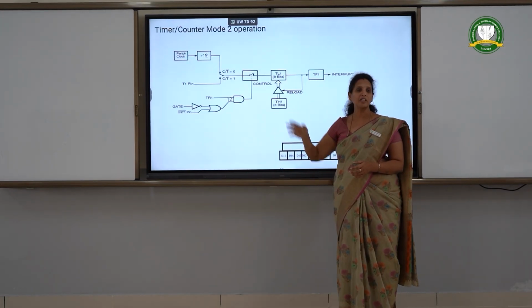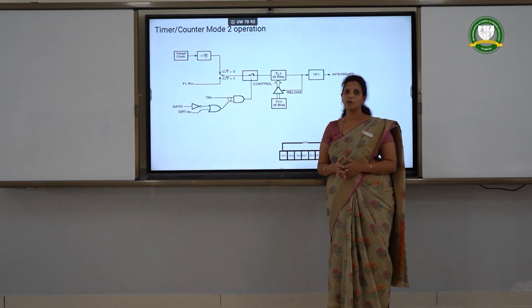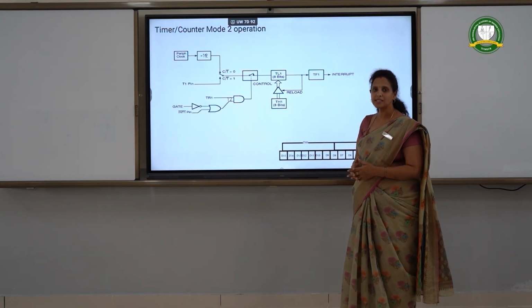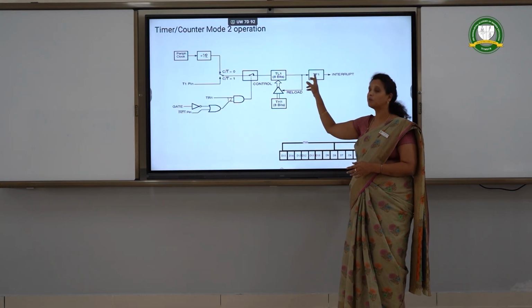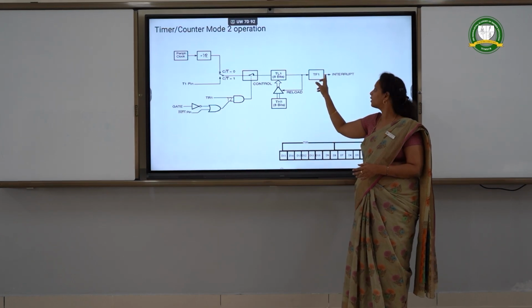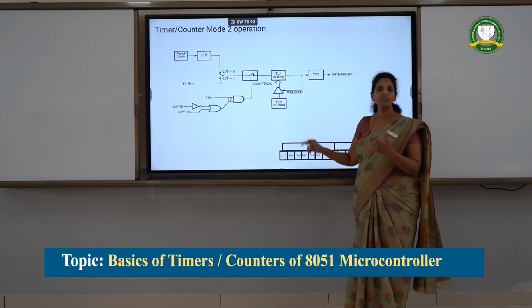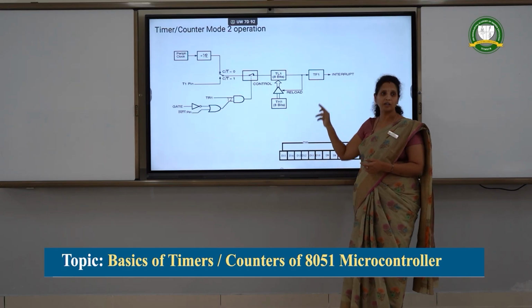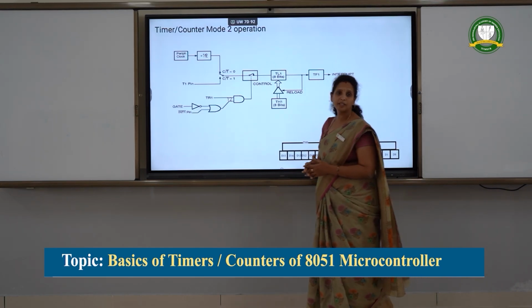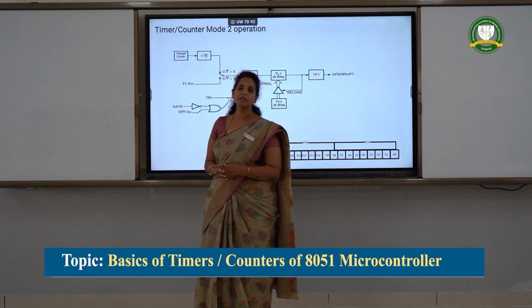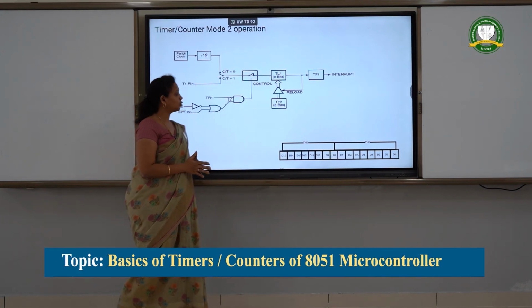Hence this mode of operation is called auto reload mode. Once the maximum value is reached, it will be indicated by the timer overflow flag. If it is timer 0, it will be TF0. If it is timer 1, it will be TF1. So this is how the timer or counter register works in mode 2.